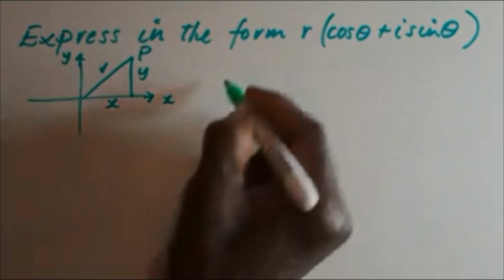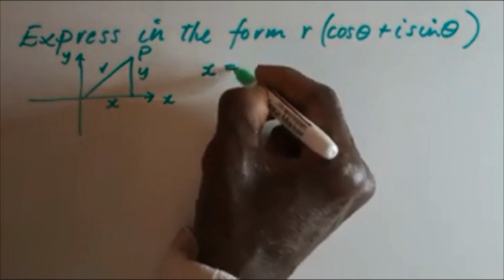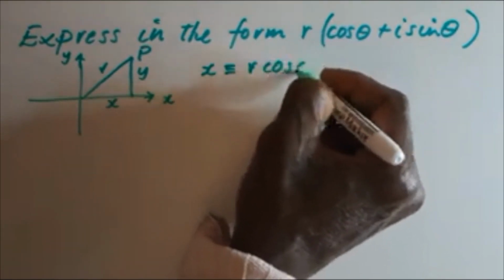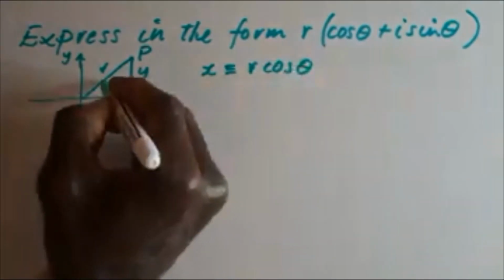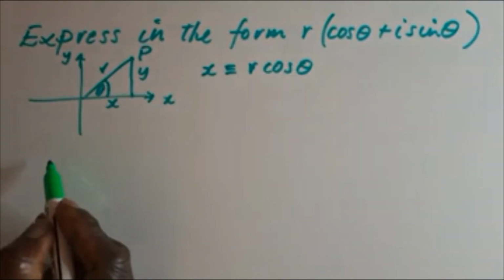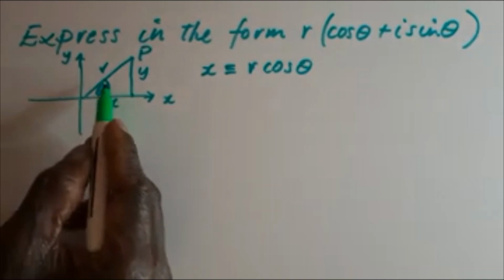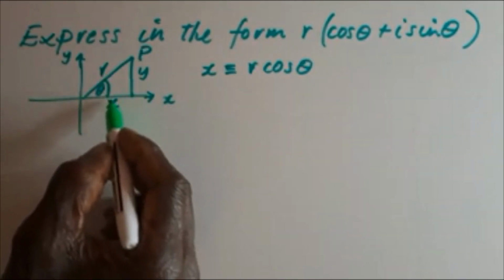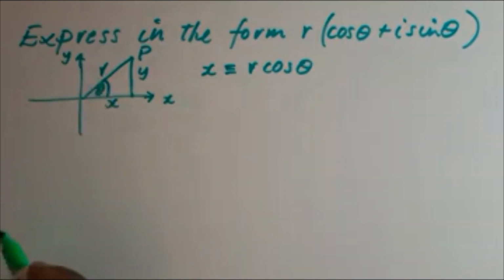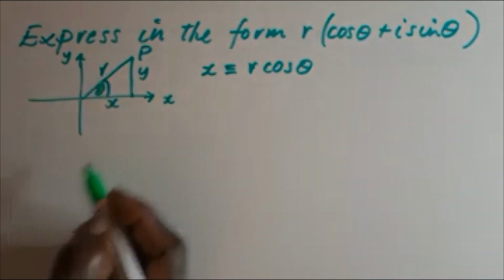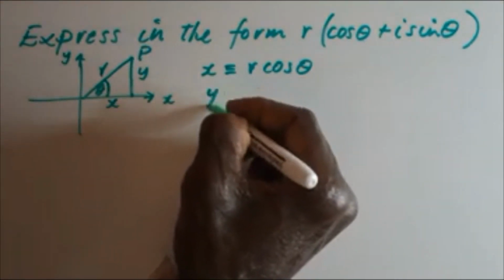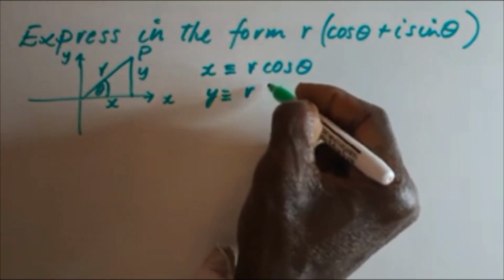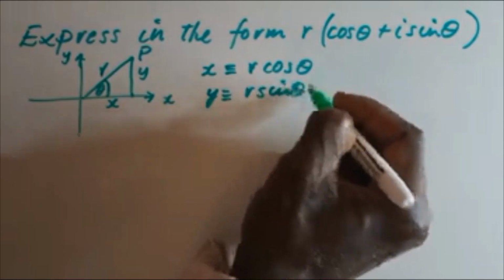We have that x is equivalent to r cosine theta, theta being here, theta adjacent over hypotenuse is the cosine of theta, which is x over r, which gives us x equal to r cosine theta, and y is equivalent to r sine theta.